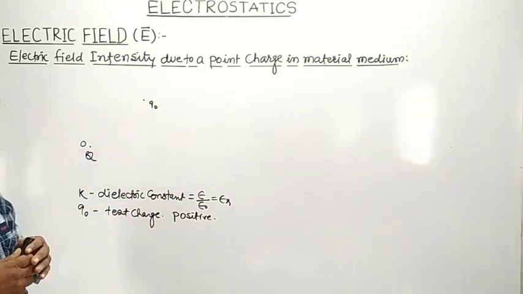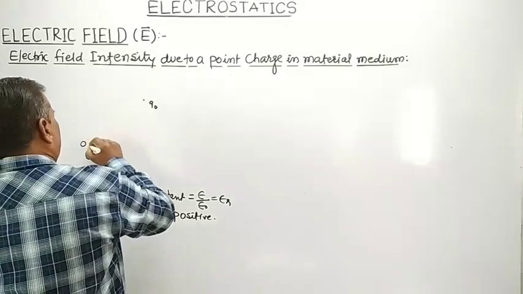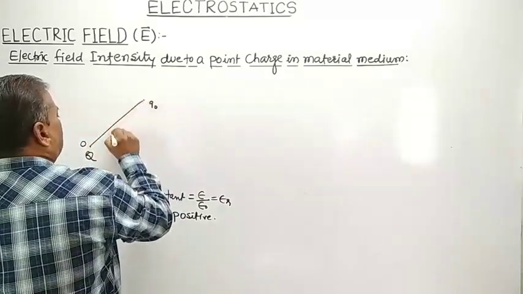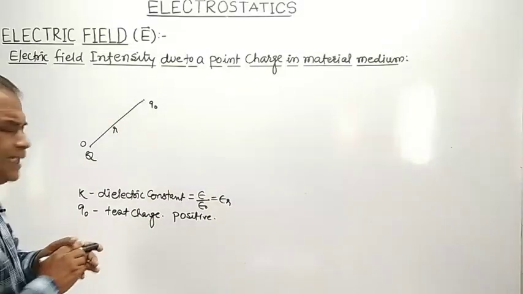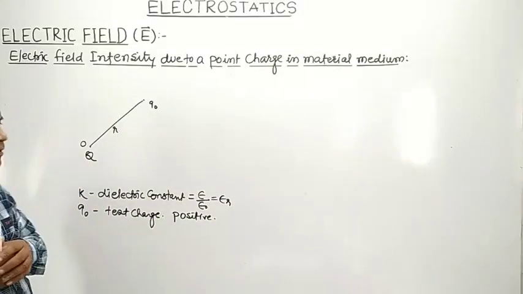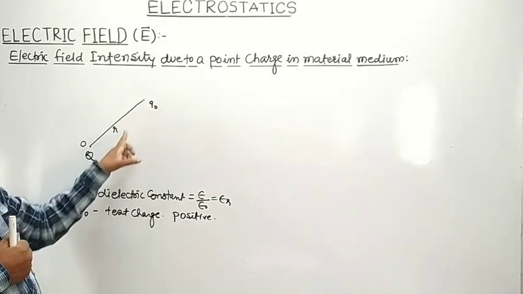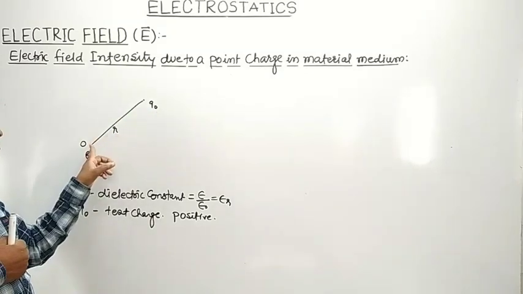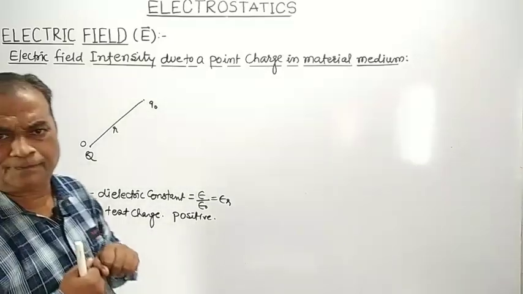So a test positive charge is brought in the region of electric field produced by a charge q, and let that test charge be at a distance r from the given charge q.